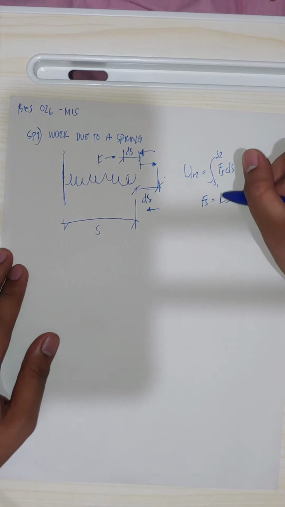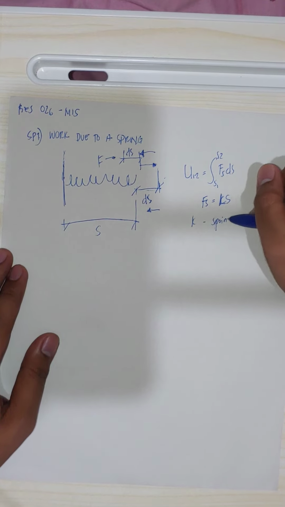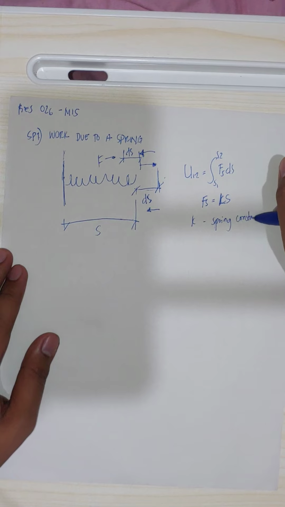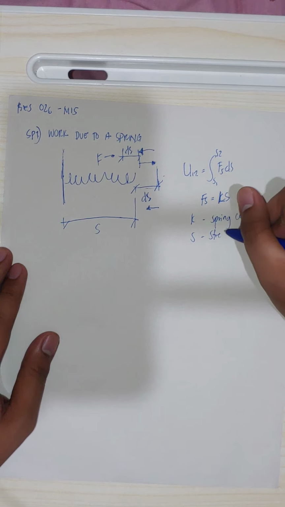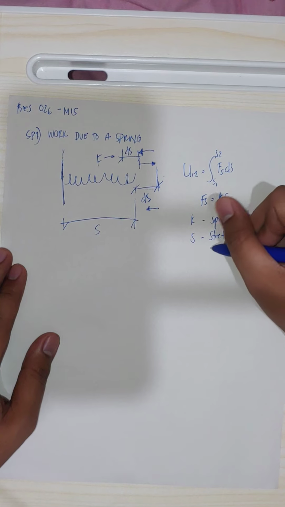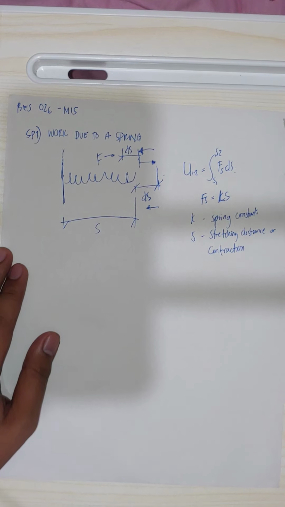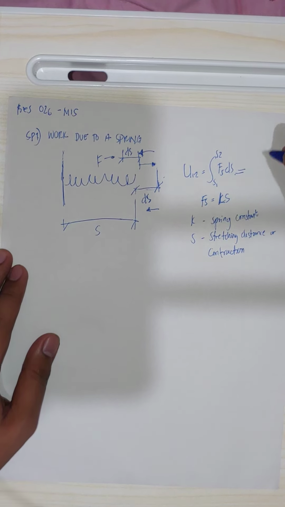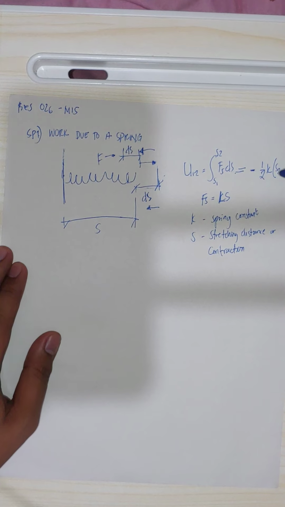K here is the spring constant, and S is the displacement, or the stretching distance, or the contraction. Applying the work equation, we get an equation equal to negative 1/2 K times the displacement S sub 2 squared minus S sub 1 squared.